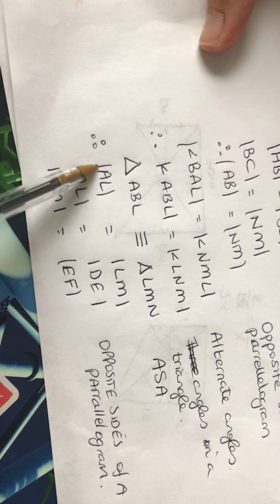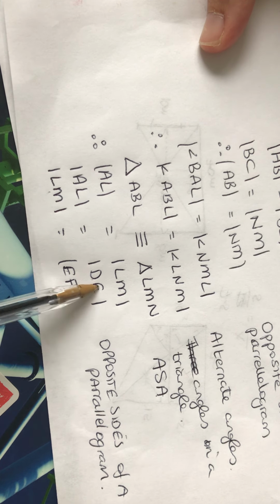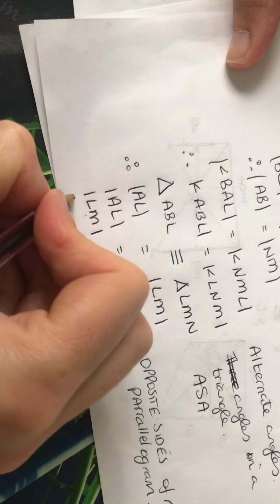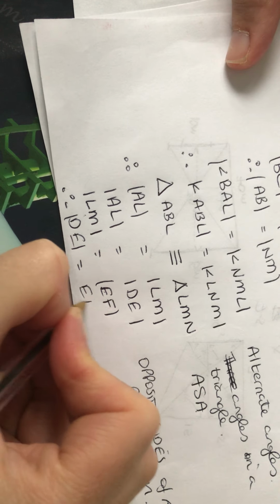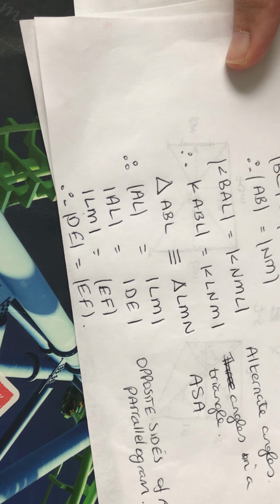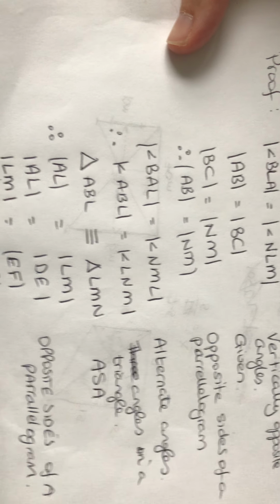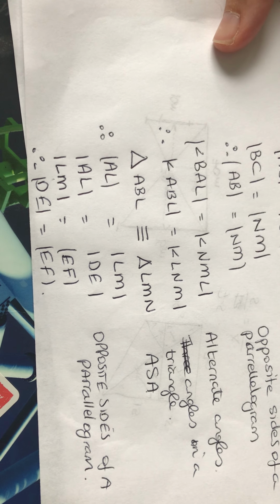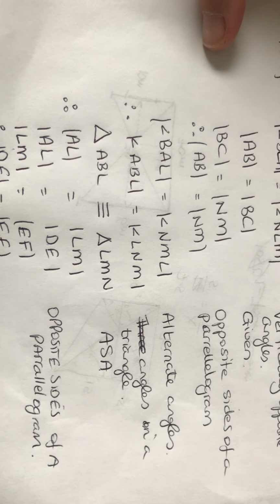We know that that's equal to that, and that's equal to that. Therefore, DE is equal to EF. Hope all that's okay. It's taken a good few minutes to go through it. I went through it really slowly. It's not as difficult, I just wanted to go through it in good detail.